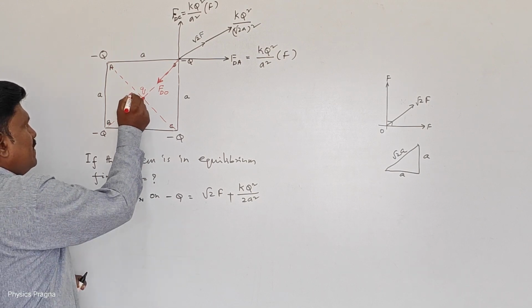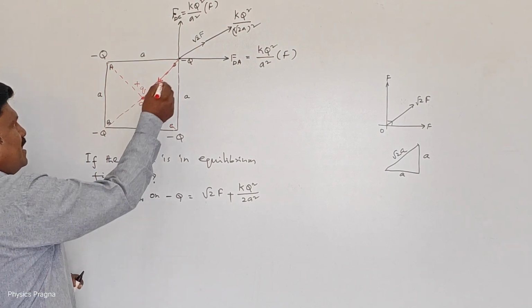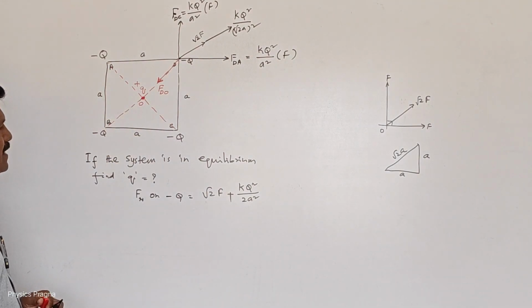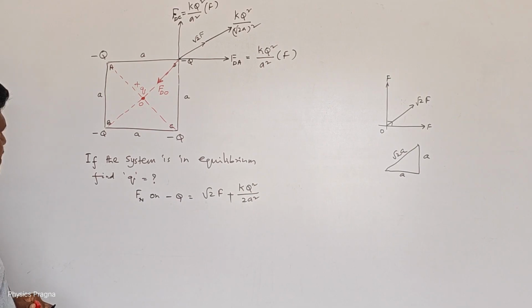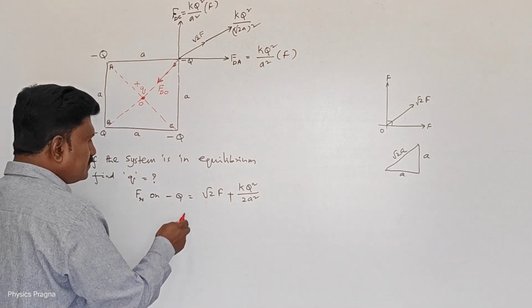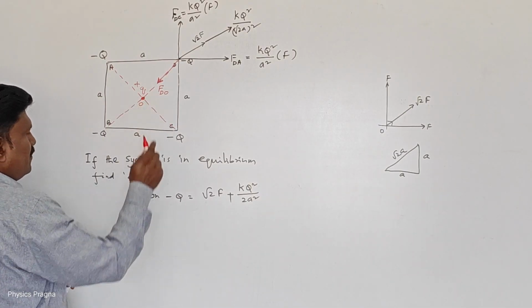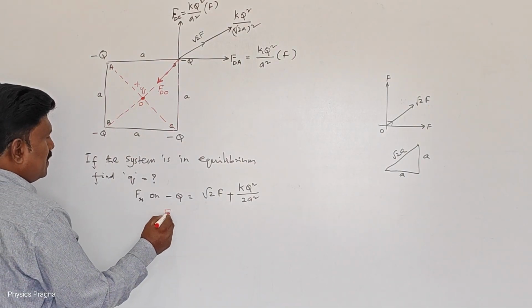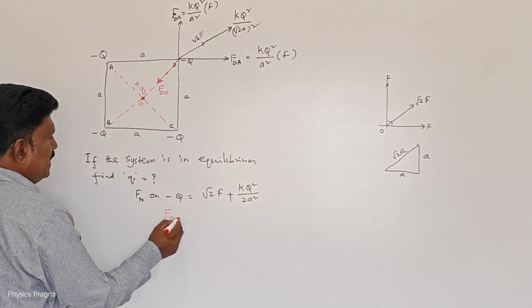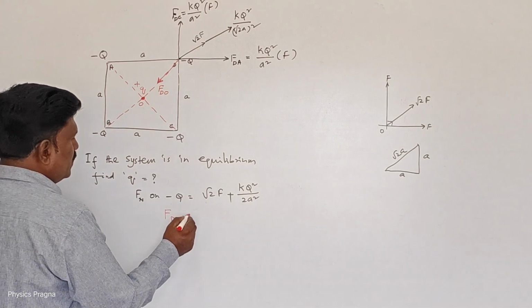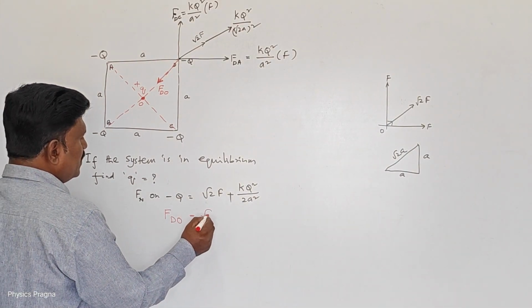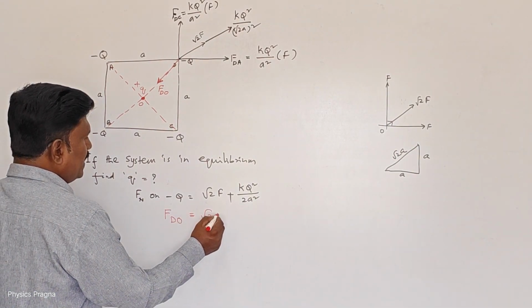So this charge must be a positive charge. Then only a positive charge will attract this negative charge. So this net force must be equal to the force on D due to O. That is equal to root 2 F value.